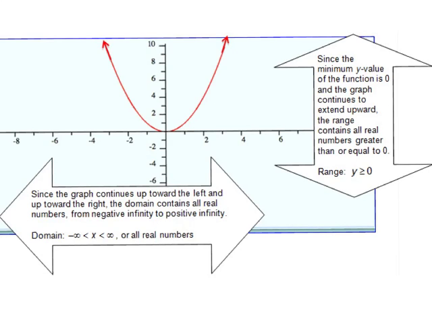So the domain of this would be x is greater than negative infinity and less than positive infinity. Or we could say it is all real numbers. x is a member of the set of real numbers.